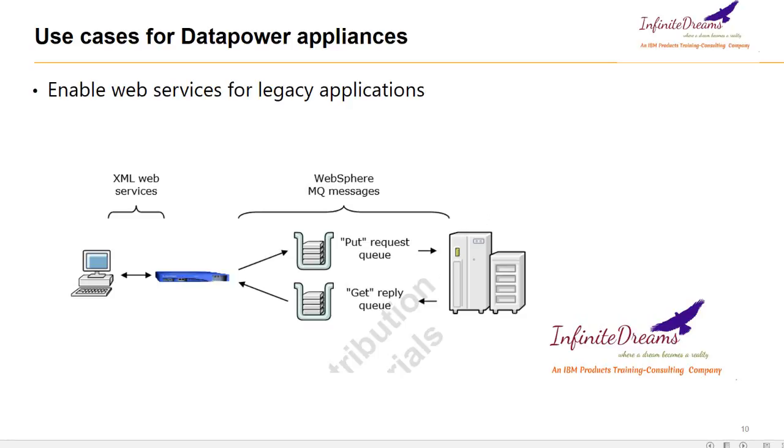So Data Power converts XML to COBOL, and Data Power also has internal MQ adapters. In that scenario, with the help of Data Power, we can connect to the legacy applications, and that too in a fast way.